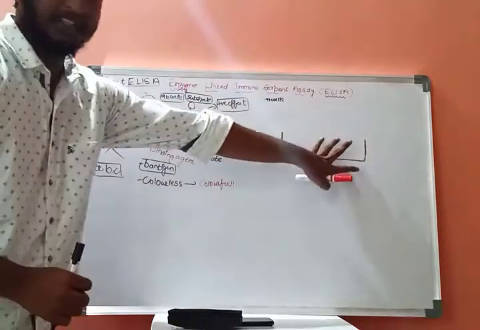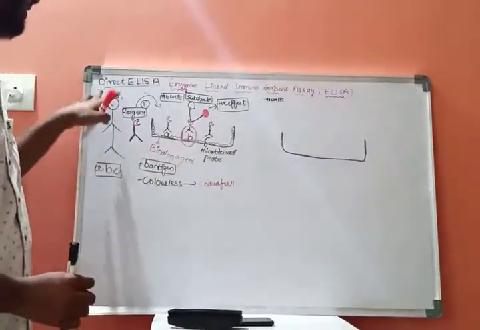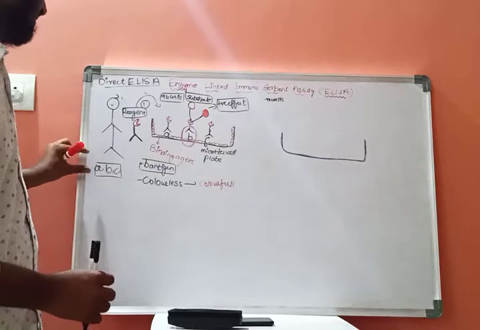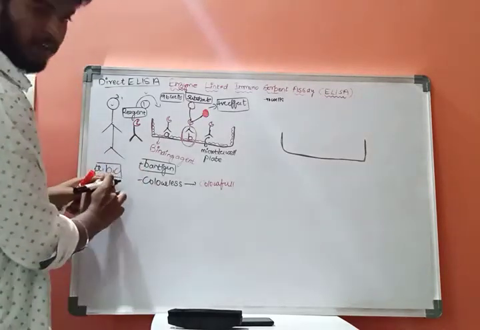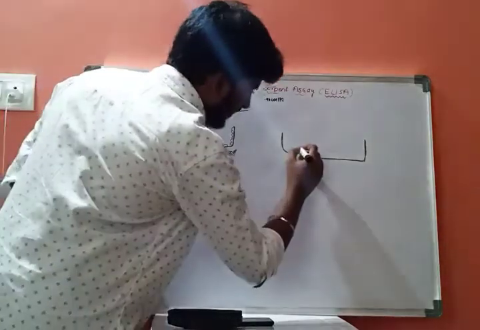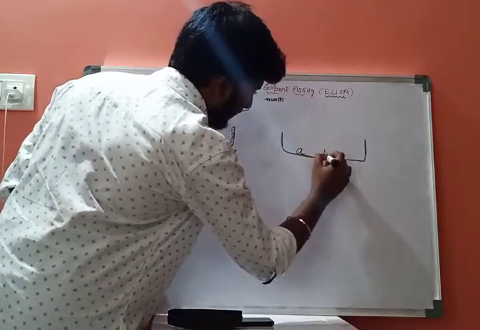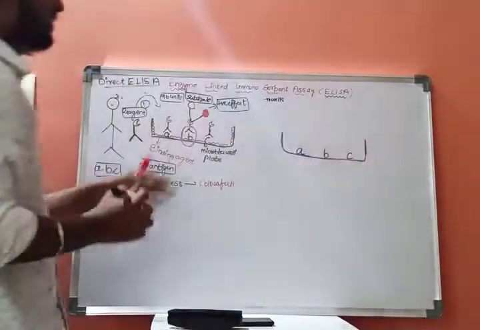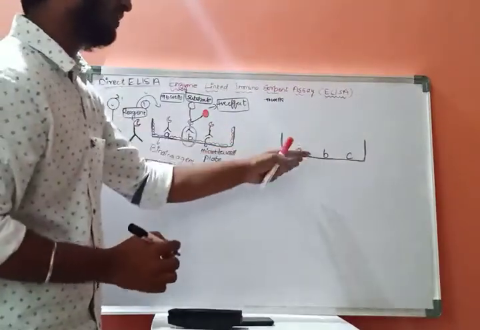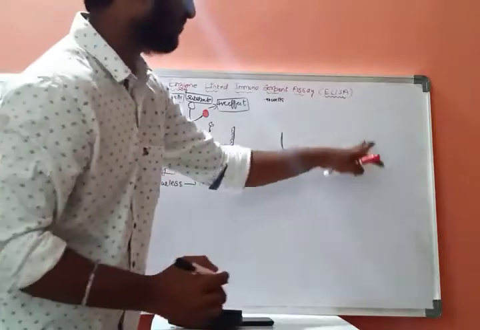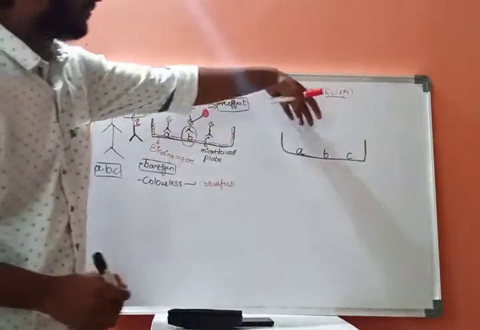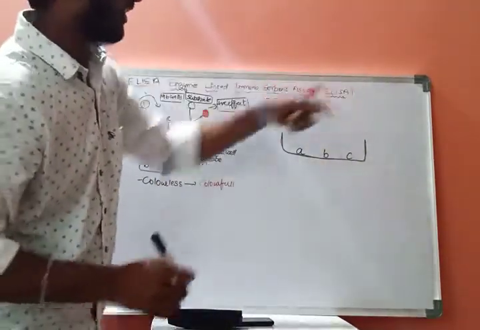The serum of the patient contains A type of antigens, B type of antigens and C type of antigens. These are the three different types of antigens, antigen A, antigen B and antigen C, which are poured into the microtiter well plate.